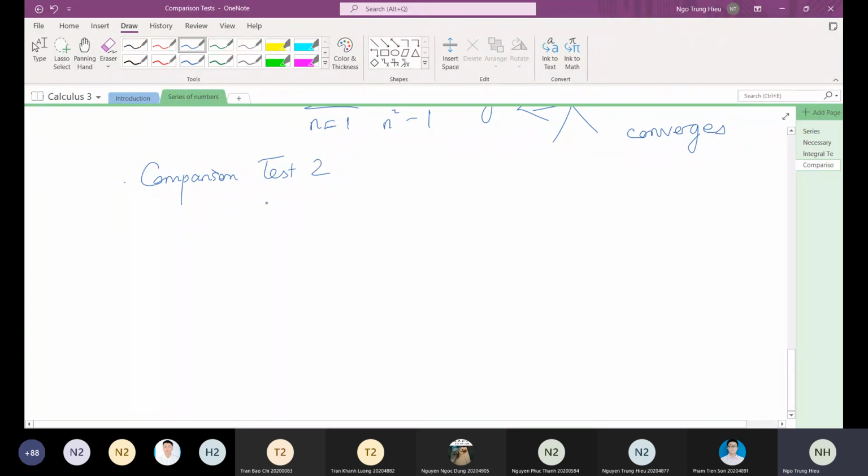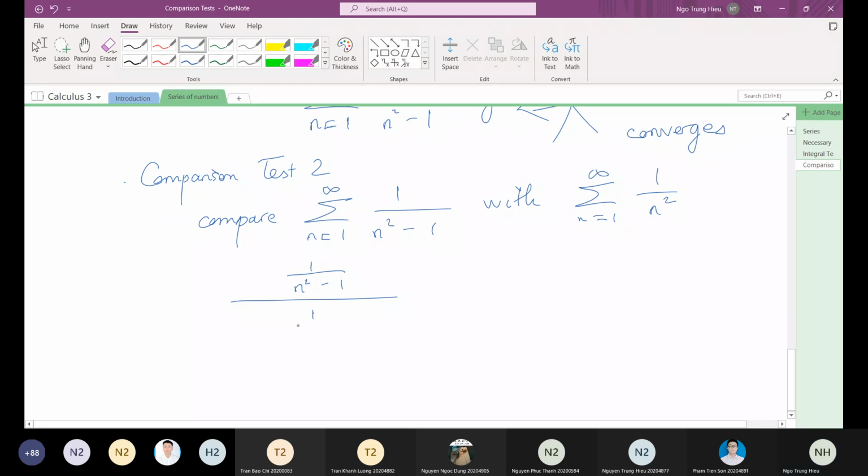So we compare the series 1 over n squared minus 1 with the series 1 over n squared. We take the individual terms, 1 over n squared minus 1 divided by 1 over n squared, which is equal to n squared over n squared minus 1.